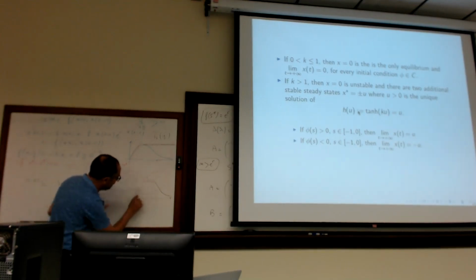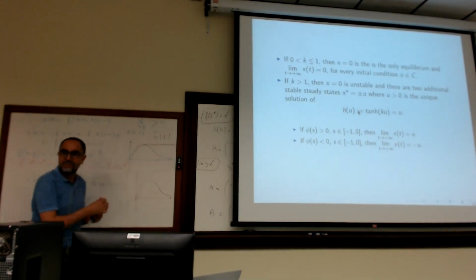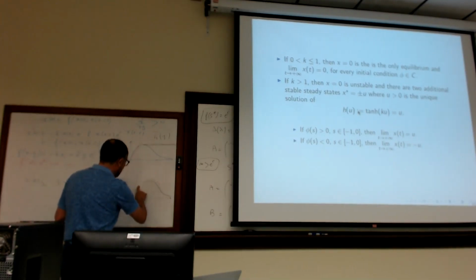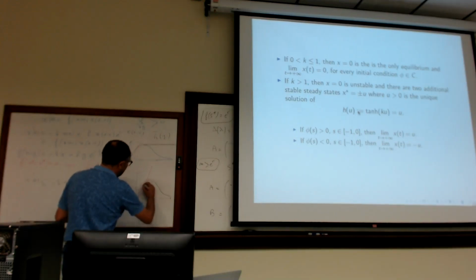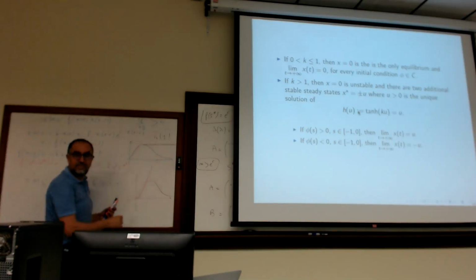As this part is increasing, 0 will be globally attractive, globally stable, because we can use the monotone dynamical system here. The second part, if we are here, I will put it like this. The part that contains the delay is still increasing. Here also we have a global stability of this steady state.